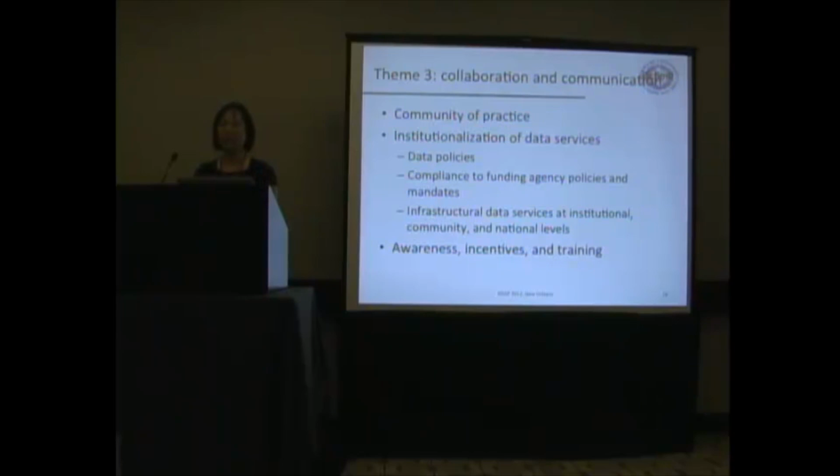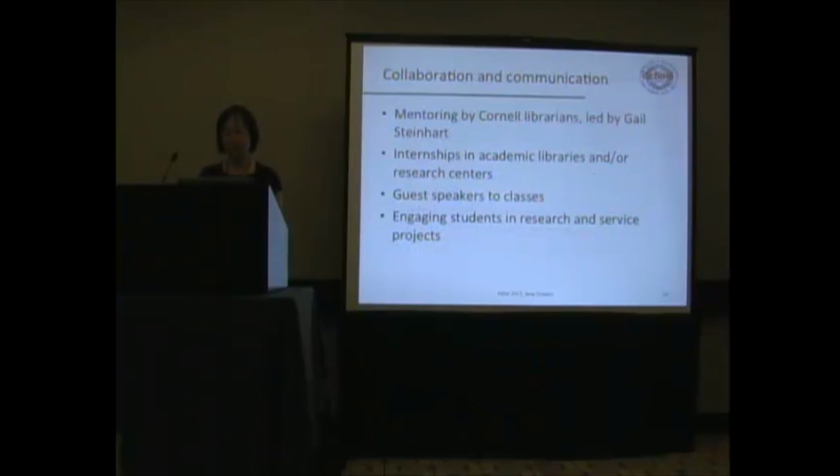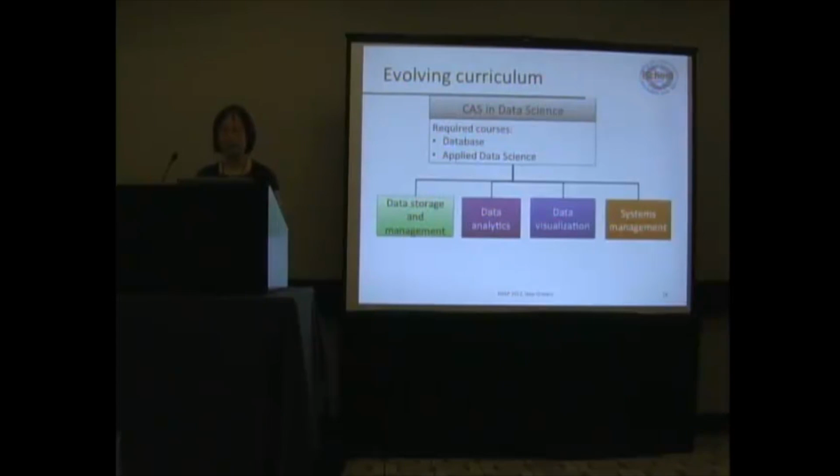If we want to build infrastructure in the institution to support e-science and data science, we need data repositories and those tools that a lot of great presentations yesterday introduced. With good collaboration and communication, we can set up those infrastructure services for libraries to play an important role in supporting e-science.